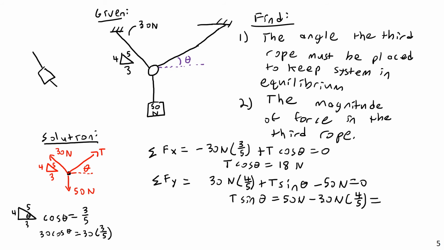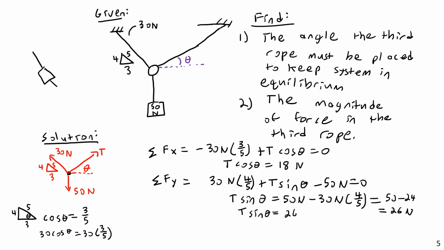And 30 divided by 5 is 6, times 4 is 24. So this is 50 minus 24, or 26 newtons. Let me go ahead and check that. Yes, 6 times 4 is 24, and yep, 26 newtons. So I know that T sine theta is 26 newtons.